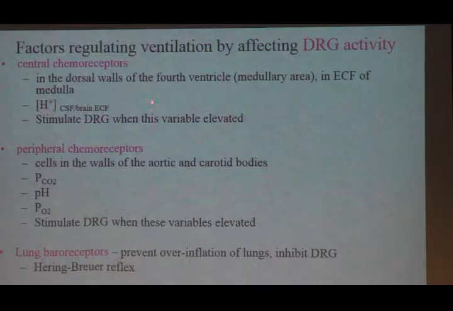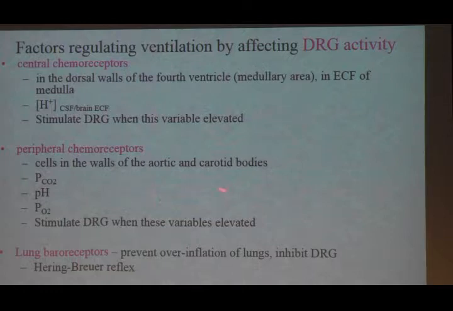To make a long story short, as you will see, elevations in the hydrogen ion in the cerebral spinal fluid or brain extracellular fluid will result in stimulation of these chemoreceptors, and these chemoreceptors will stimulate the DRG and increase ventilation.